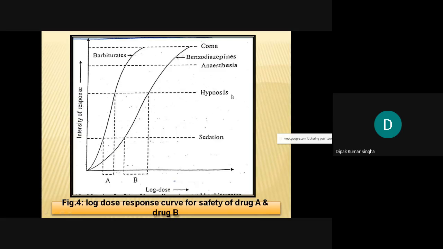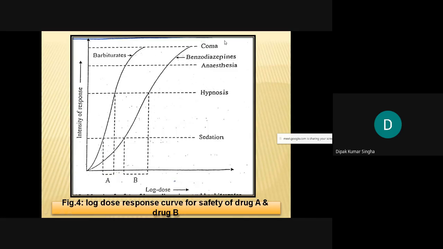Sedation and hypnosis are totally different things. Sedation means drowsiness, hypnotic means total sleep, a certain situation in the fourth stage of sleep. At some concentration they produce sedation, after that hypnosis, then anesthesia, then coma, and finally, at higher doses, death.